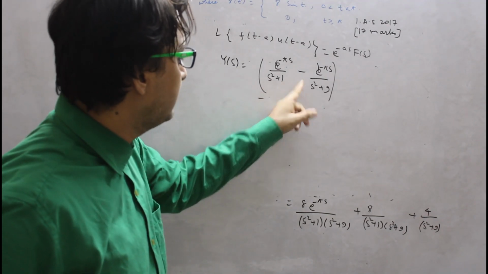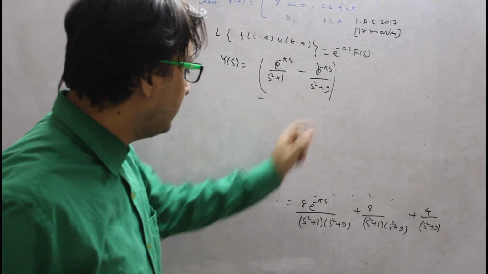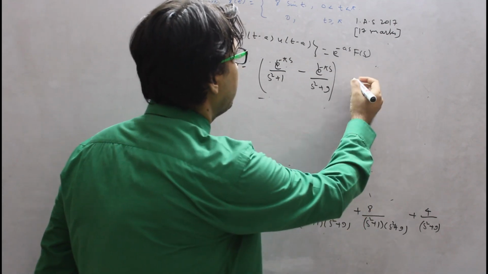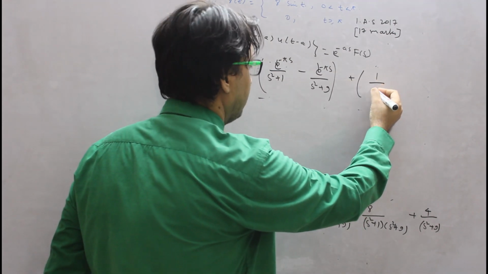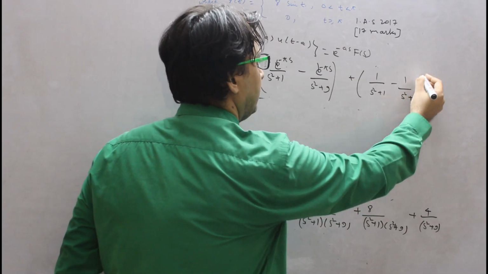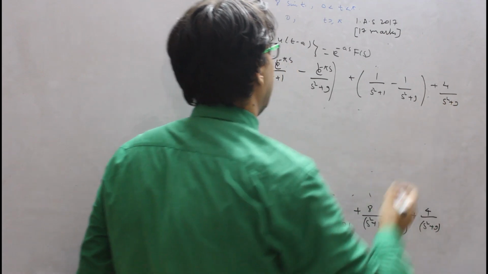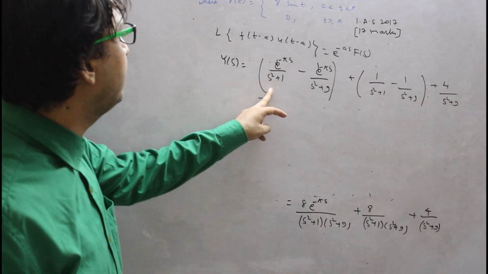We can factor this. Alright. So when we are factoring this, similarly we can write for this part as well. This is 1 by s square plus 1 minus 1 by s square plus 9 plus 4 times s square plus 9. So this is a shifted value.